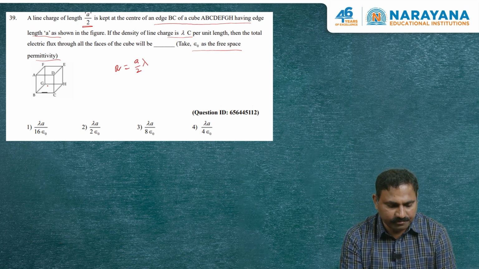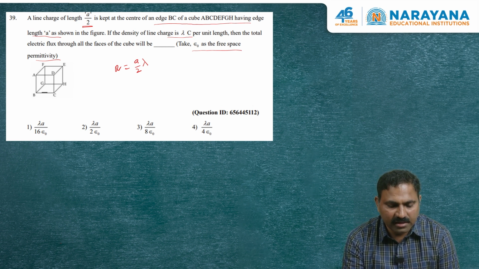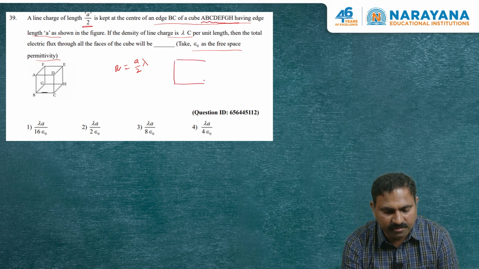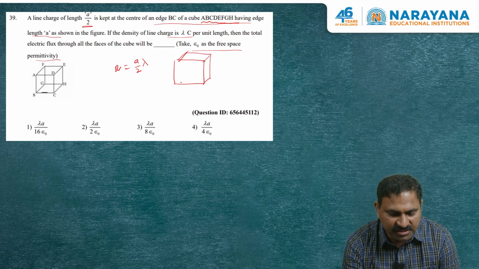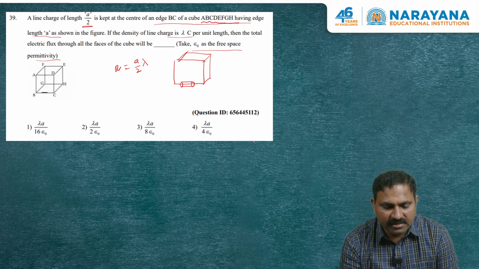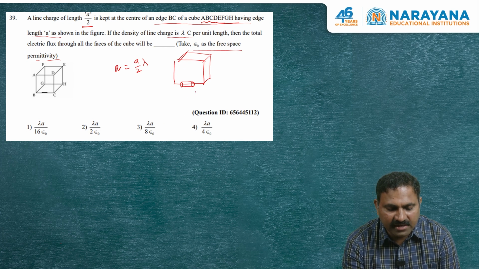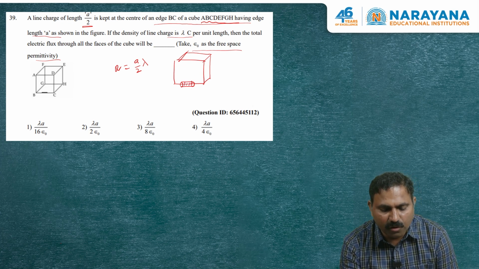Here there is some ambiguity with this question. Suppose it is mentioned it is an imaginary cube, we can assume the situation like this. If it is an imaginary cube, I can assume this charge to be kept in this way. In this case, it can be enclosed with 4 identical cubes.